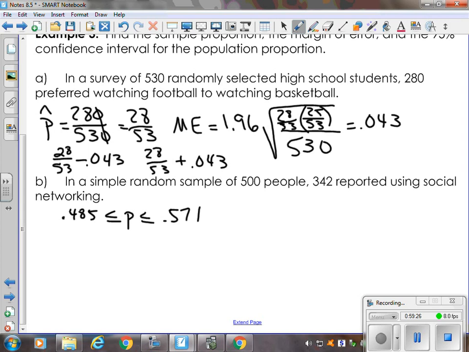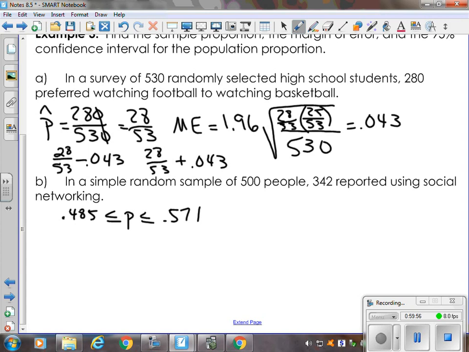0.571. All right. So these stand for the probability that someone chosen at random in high school watches football more than they watch basketball, and that with a confidence interval of 95, I'm 95% confident that the probability that you watch more football than you do basketball is between 48.5 and 57.1% if you wanted to change the percents.